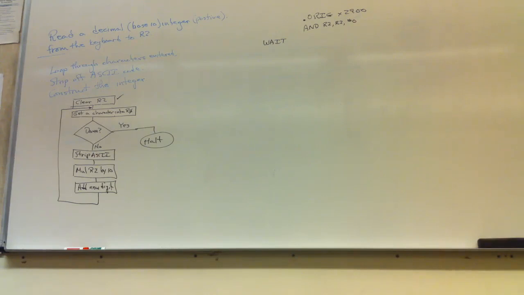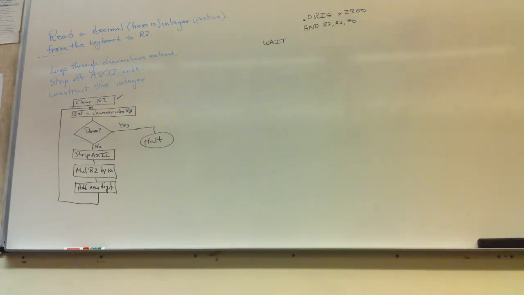And what we want to look at is the keyboard status register. It has a lot of stuff in it, most of which we don't have to worry about. But the critical part is that bit 15, the most significant bit, tells you whether or not a key has been pressed.